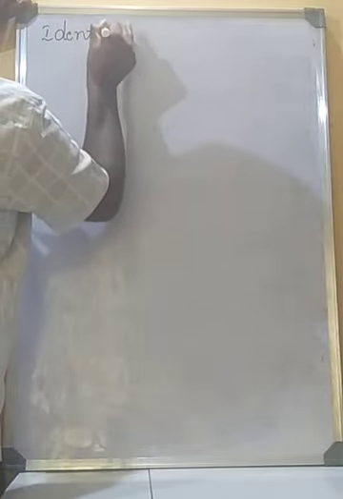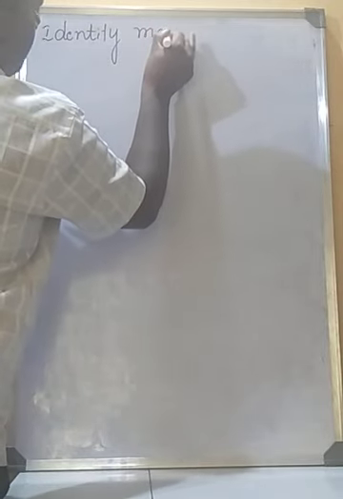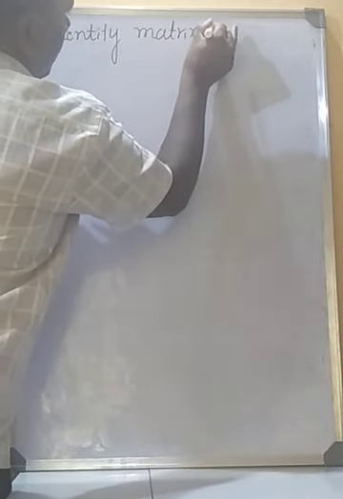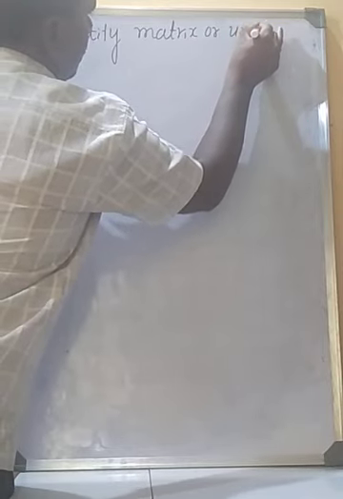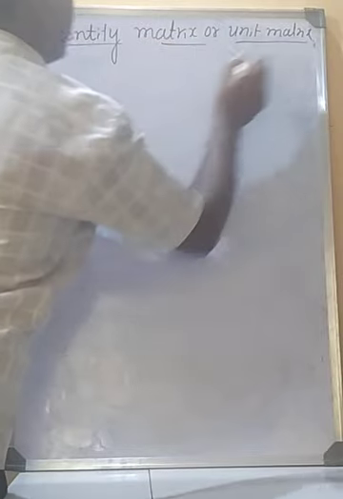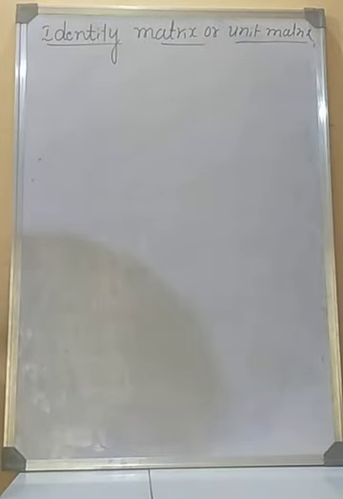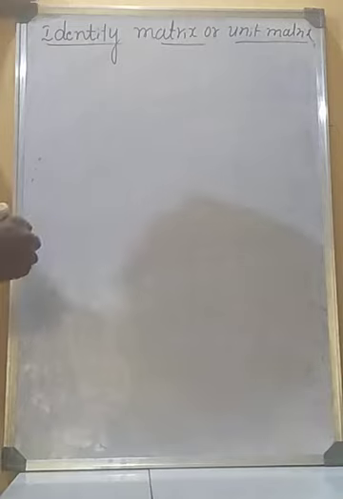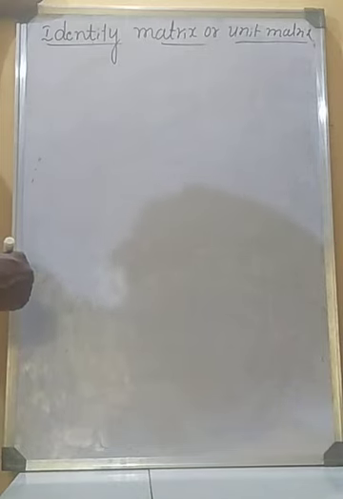The next one, identity matrix, or unit matrix. What is an identity matrix? A square matrix in which the elements in the diagonal are all 1 and all the rest are zeros.